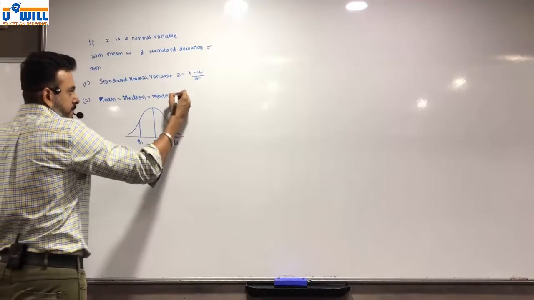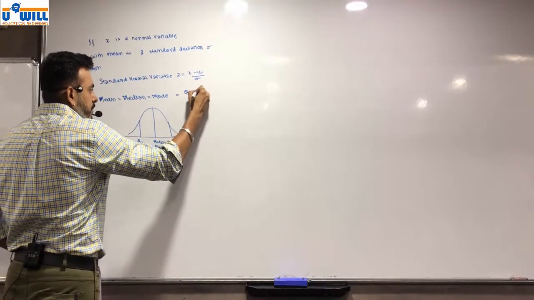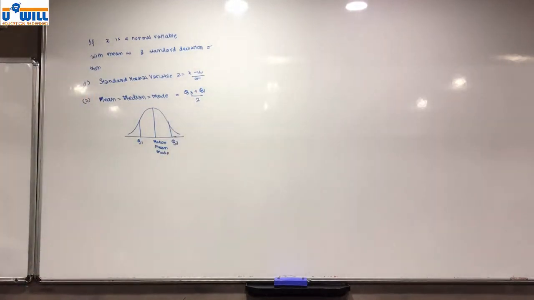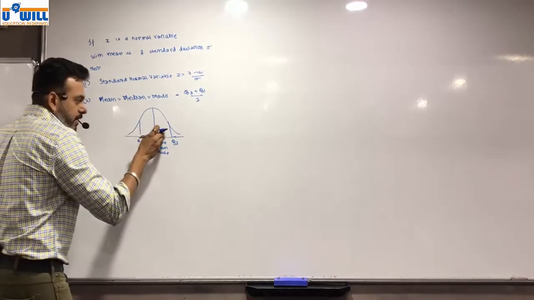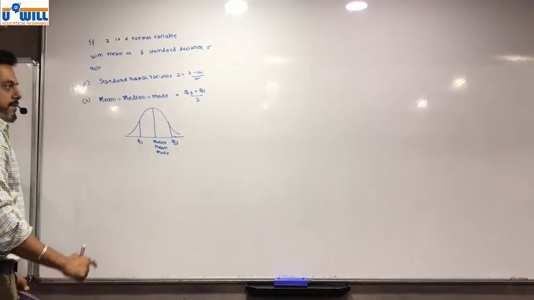So can I say median is equal to Q3 plus Q1 upon 2? Can I say this? This area plus this area divided by 2, it will be equal to median.